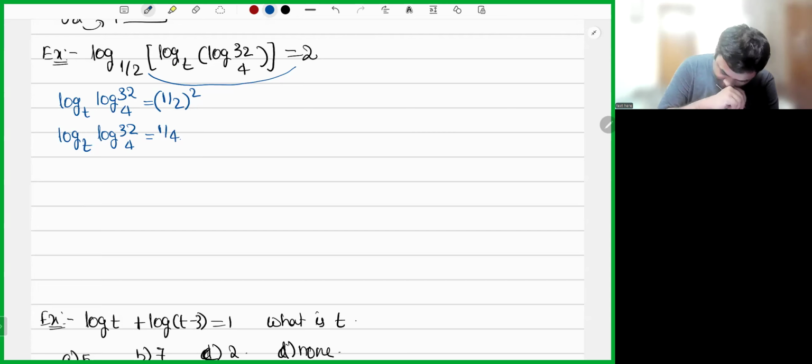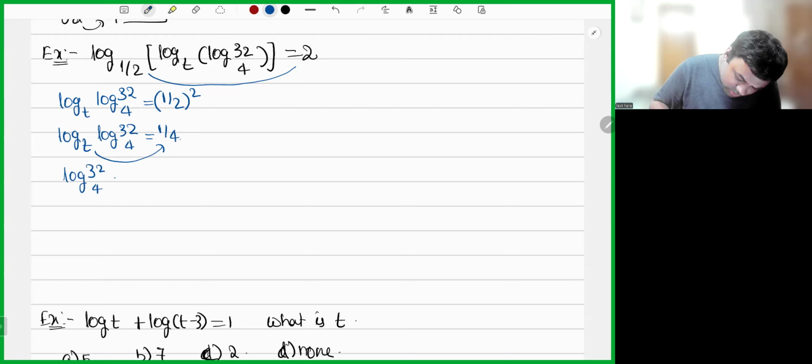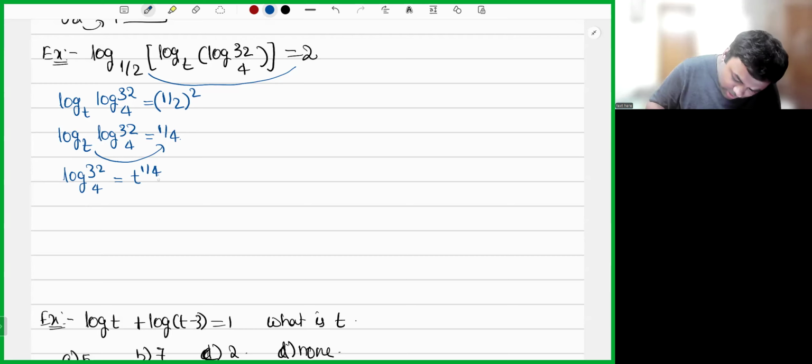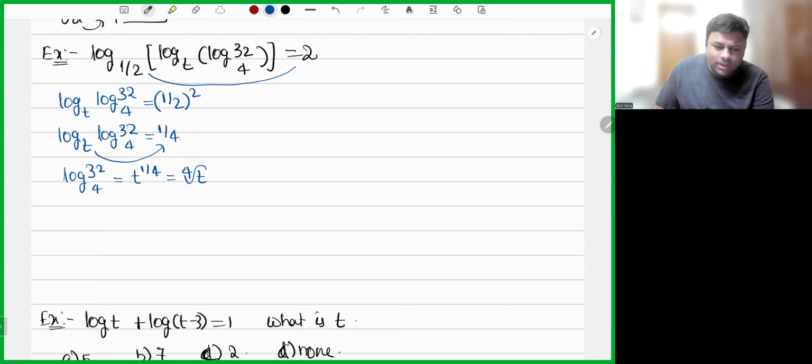Same backwards: log 32 base 4 is equal to t power 1 by 4. What is t power 1 by 4, my dear friends? Can I write it as fourth root of t? Yes, sir, I can.